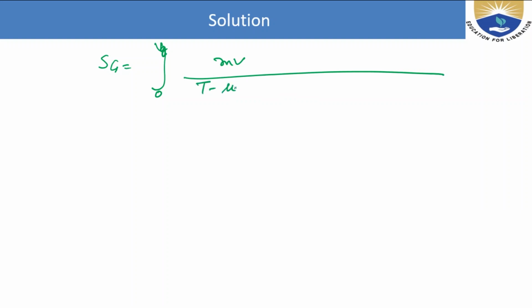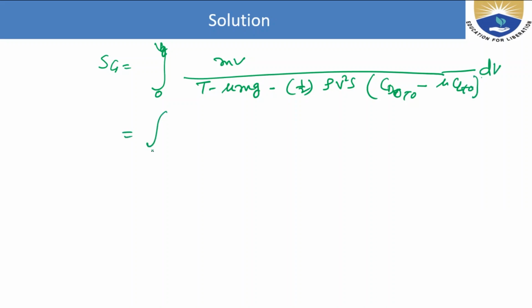Now we will put in the equation: SG is equal to the integral from 0 to VG of MV divided by T minus mu mg minus half rho V square S times CD naught takeoff minus mu CL takeoff, into dV.